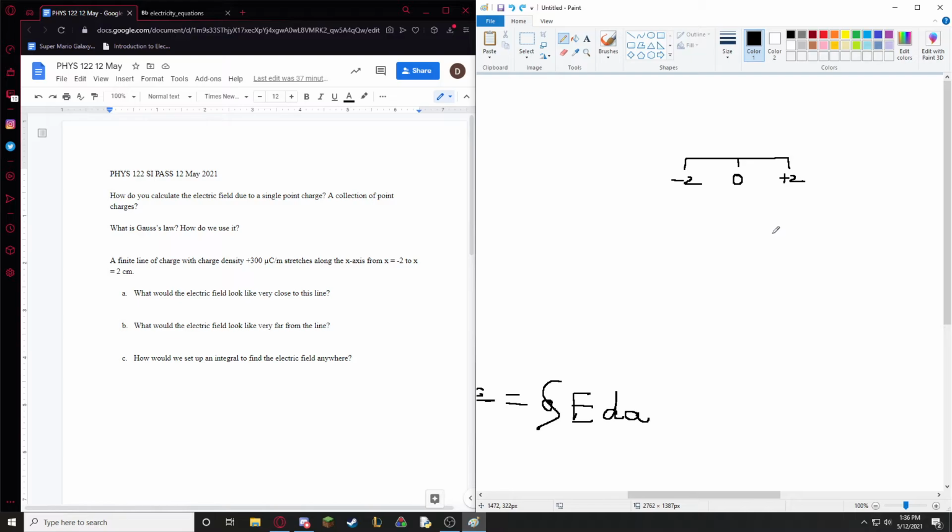Because the equation for the line of charge would be 2k lambda over r. Is that the equation for a finite or an infinite line of charge? Oh wait, that's an infinite line of charge. But we can use that. Why are we able to use that?